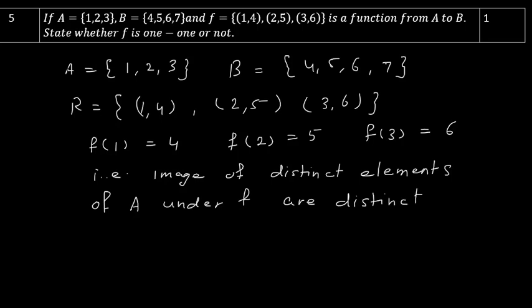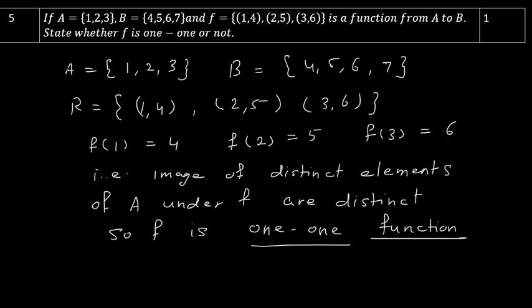So function f is a 1-1 function. For a 1-1 function, for each element of A you should have a distinct value in set B. So this is a 1-1 function.